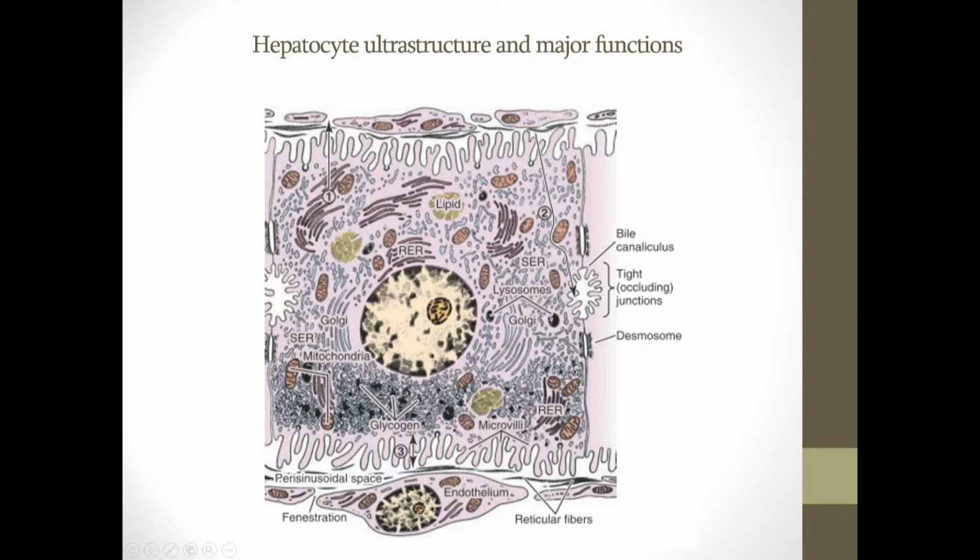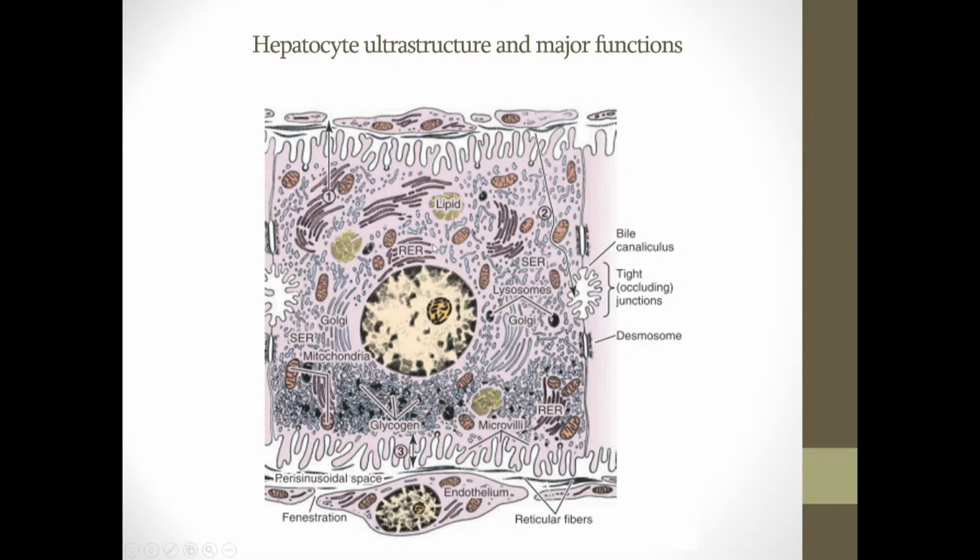In the center, the round nucleus, euchromatic, of course. Here are endothelial cells, and reticular fibers are visible. Fenestrations also are visible.